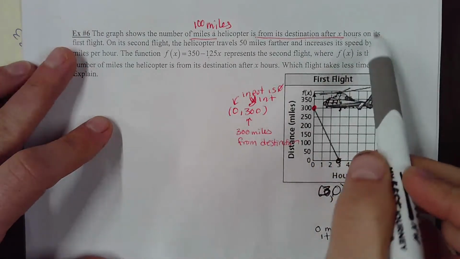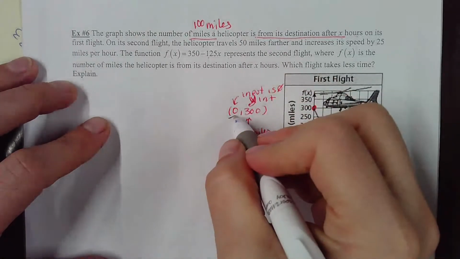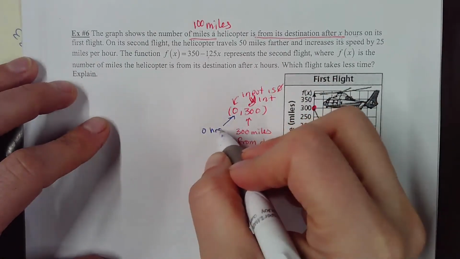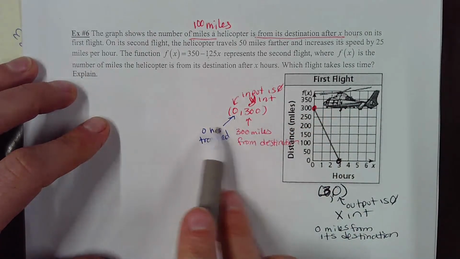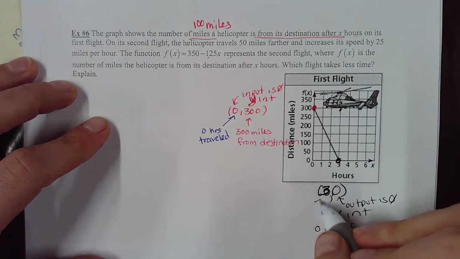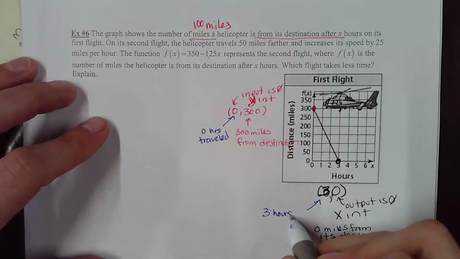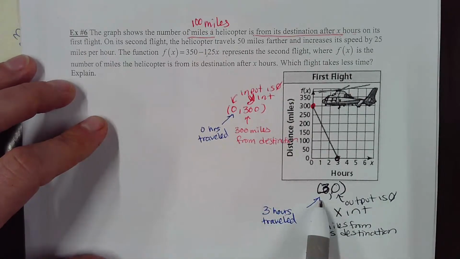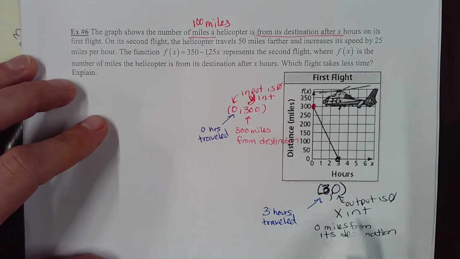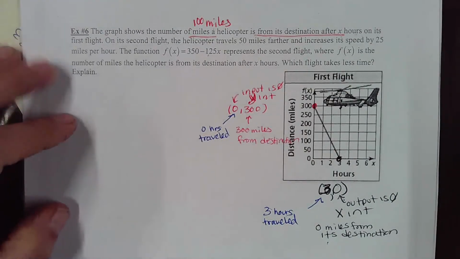X is the hours it travels. 0 hours traveled. I haven't flown anywhere yet. I'm 300 miles away. How many hours traveled is this? After 3 hours traveled, how far am I from the destination? 0 miles. I have made it. That is what this means.